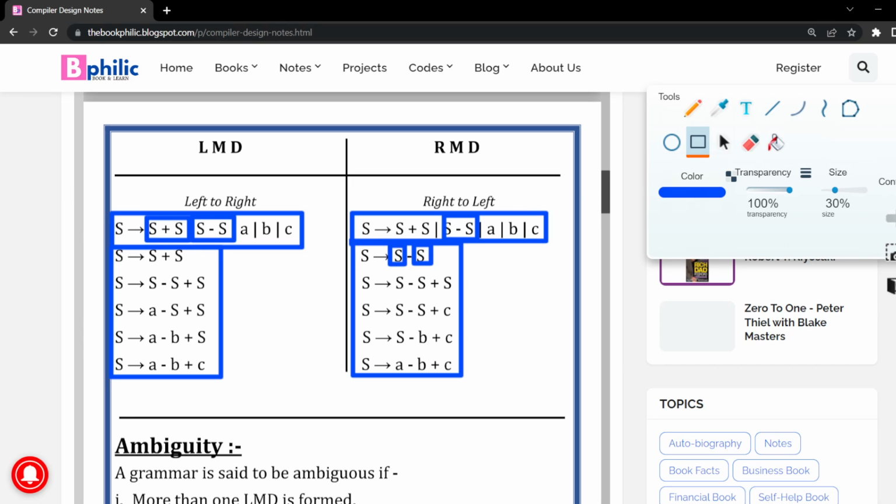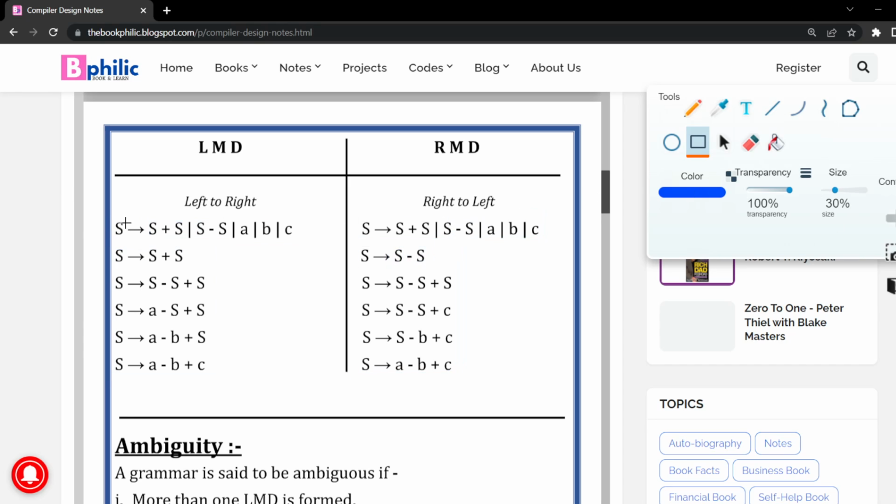So let us start with the first rule of grammar, that is S derives capital S plus S. So we have written over here S derives S plus S. As the name suggests, LMD means from left to right. So first of all this capital S must be derived, then this capital S must be derived.